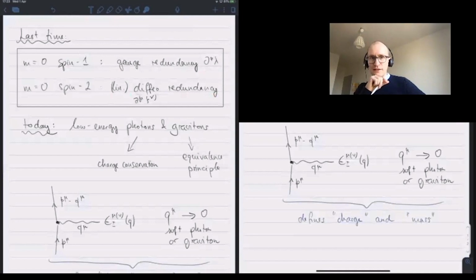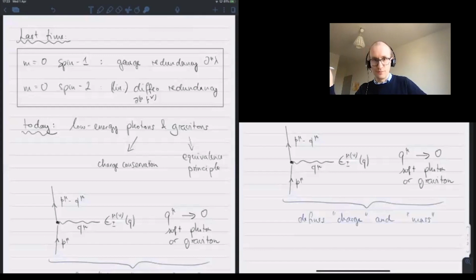So today, I would like to continue constraining, just from first principles, the possible type of objects, theories, and interactions that we can write down for spin 1 and spin 2 in the massless case. However, I'm going to leave strictly the field of group theory, and I'm going to add the idea of how you define charge and mass in terms of dynamical processes.